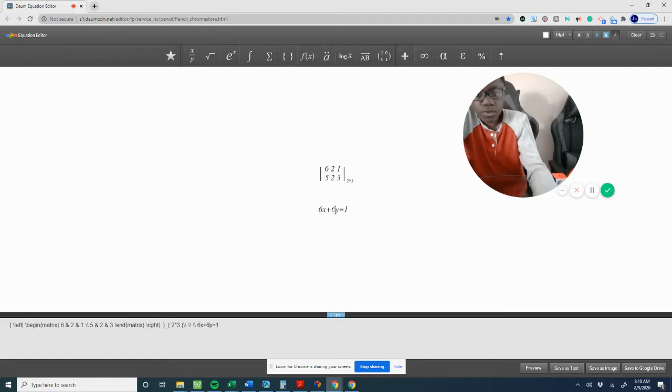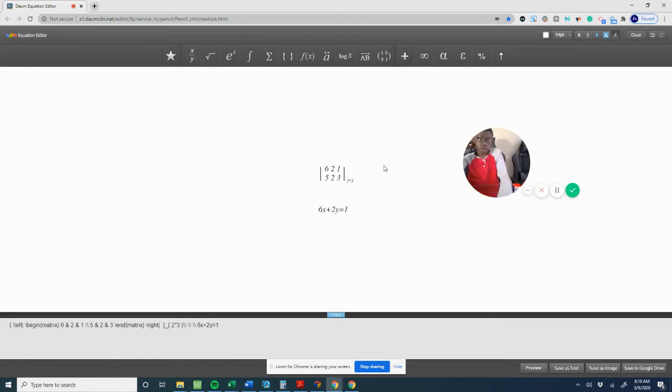I mean, 2y equals 1. And this is what the matrices represent. The first row and the second row. So here we have the two equations.